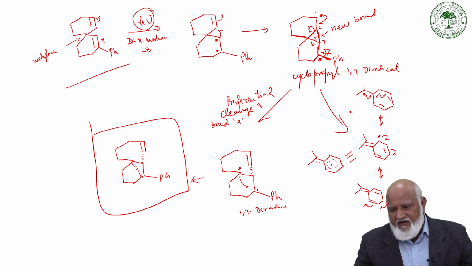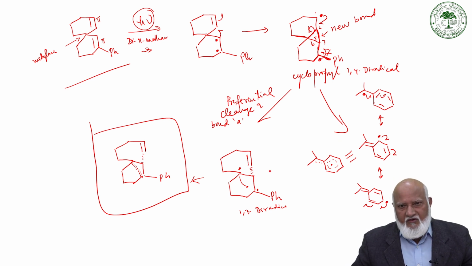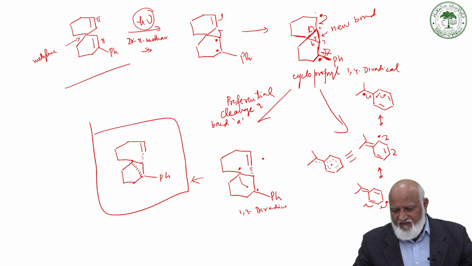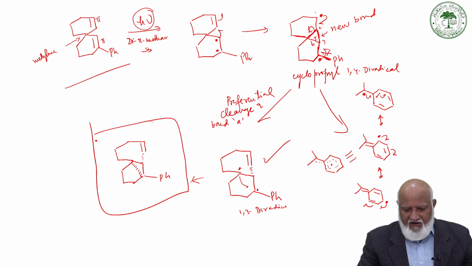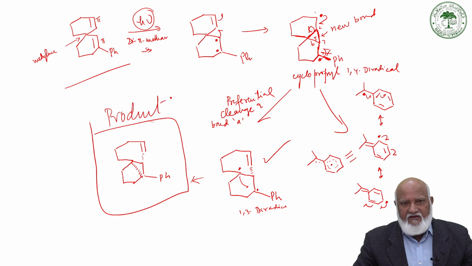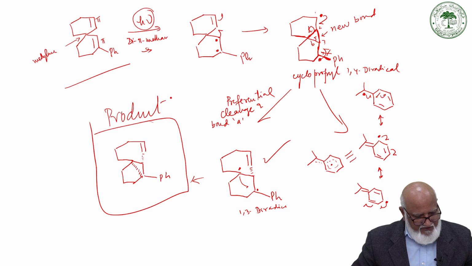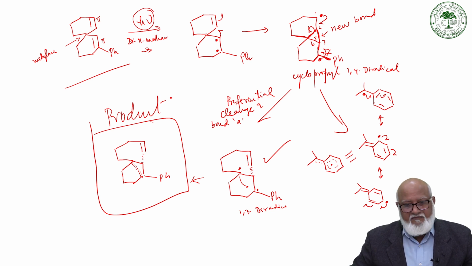The radical adjacent to the phenyl group will not form the double bond because it is highly stabilized, and we can see different resonating structures here. The other radical, which is localized, is going to form a double bond, and cleavage of the old bond takes place to give this radical, and then this is the major product formed during this photo rearrangement. Now coming to the next example.